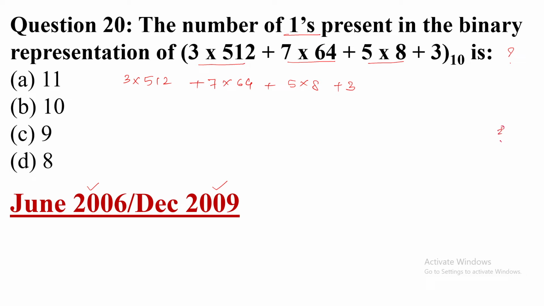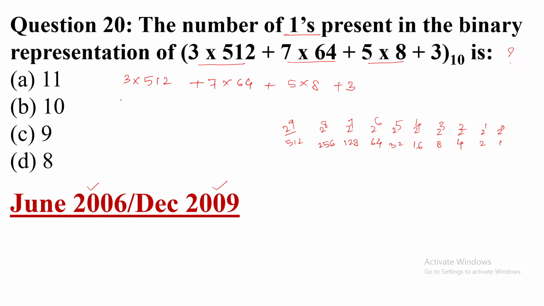2's power 0 is 1, 2's power 1 is 2, 2's power 2 is 4, 2's power 3 is 8, 2's power 4 is 16, 2's power 5 is 32, 2's power 6 is 64, 2's power 7 is 128, 2's power 8 is 256, 2's power 9 is 512.